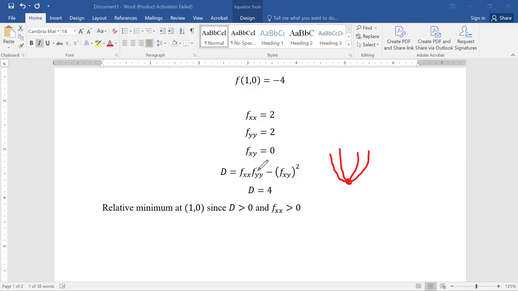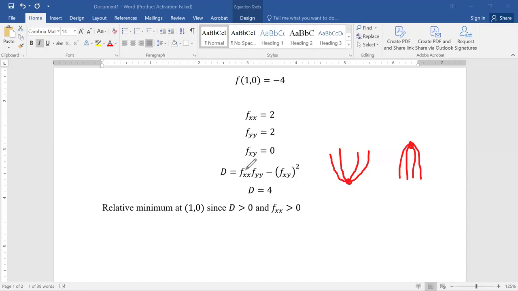Now, on the other hand, if you ended up with a D that was positive, but both f sub xx and f sub yy were negative, then you'd be concave down in both directions, and so you end up with a relative maximum.